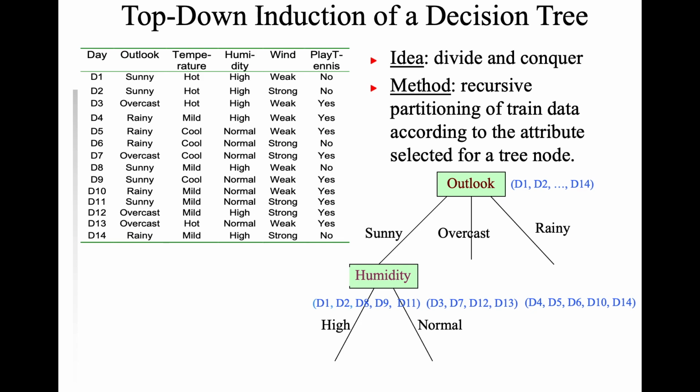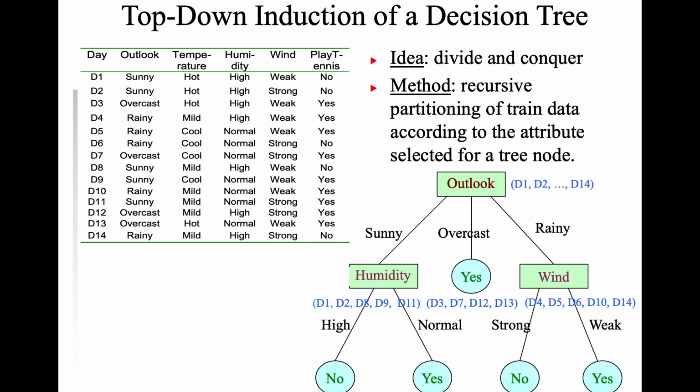By minus, I mean the predicted is no. Because we are playing tennis, either yes or no. If it's yes, I mark it with plus. If it's no, I mark it with minus. So if the outlook is sunny and the humidity is high, all class labels are no, and the rows are D1, D2, D8. And if the humidity is normal, then it's suitable for playing tennis. The class label is yes, and the rows that satisfy that are D9 and D11. So we continue the same for all other features and branches.